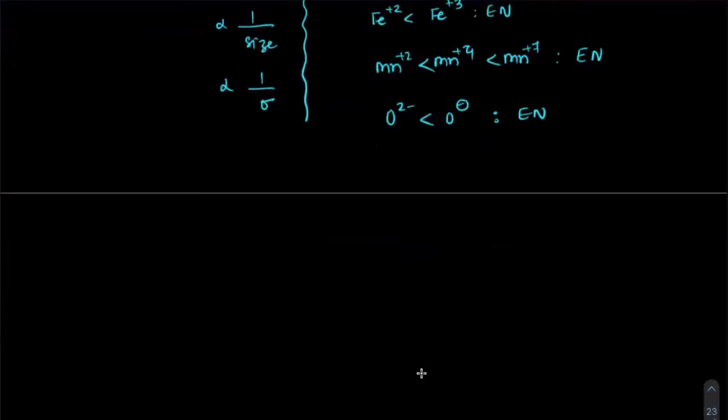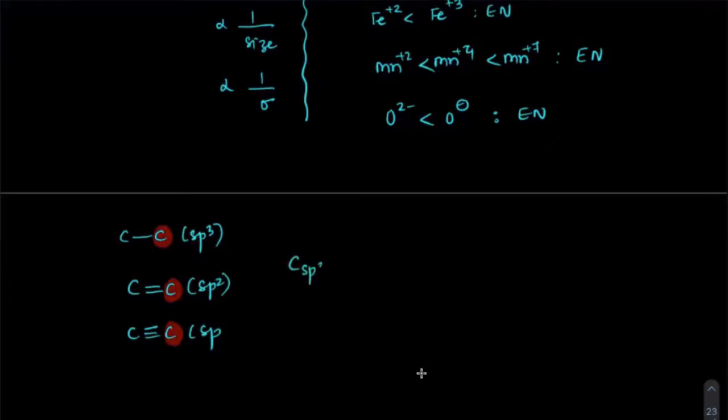Same way, if you have carbon single bond with sp3 hybridization, carbon double bond with sp2 hybridization, carbon triple bond with sp hybridization, and you compare these three carbons which I am coloring, we can say carbon with sp3 will have less electronegativity than sp2, than carbon with sp.